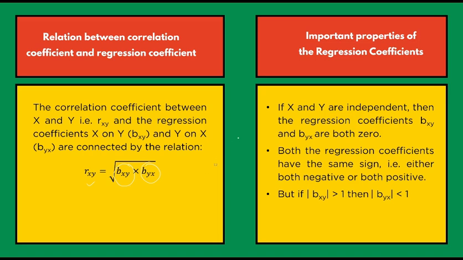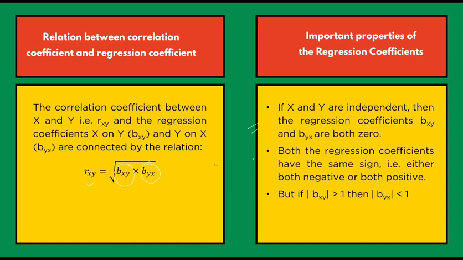We also need to discuss a little bit of the properties of the regression coefficient. First, regression coefficients can be zero. If bxy is zero, byx will also be zero. In that case, it means there is no relationship between x and y; at least a linear relationship will not be there.